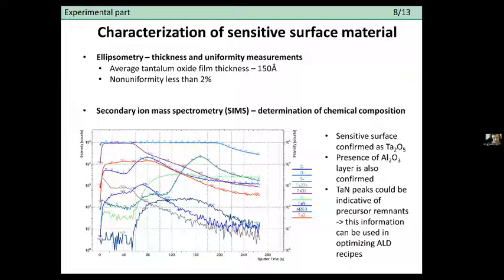Secondary ion mass spectrometry also yielded some tantalum nitride peaks, which could be indicative of precursor elements inside the oxides. But as we will see later, this did not have an effect on the characteristics of the transistor that were of interest to us. But this information can be further used in optimizing the ALD process.